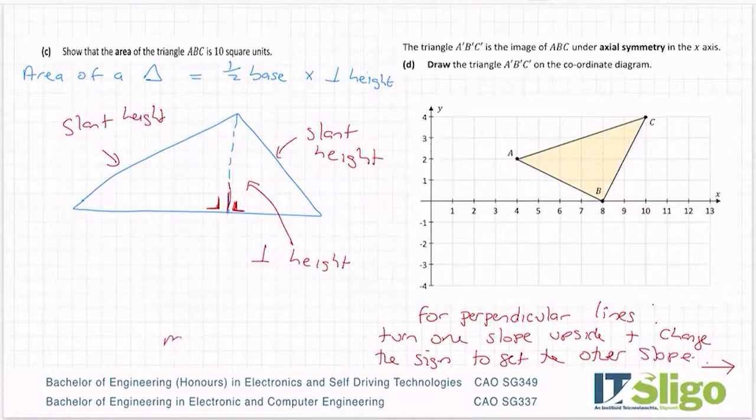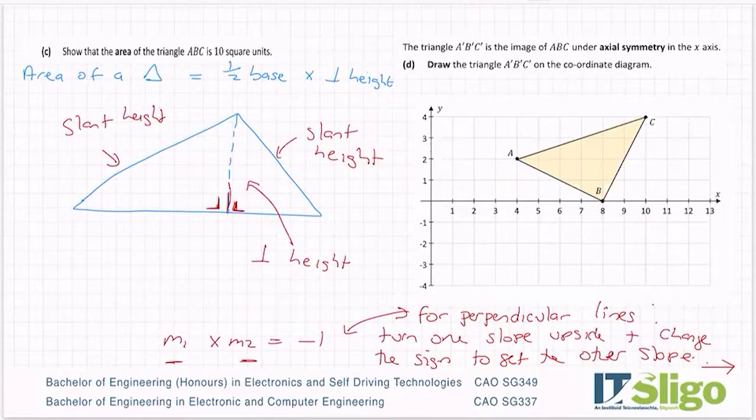Or there's a formula, slope 1 multiplied by slope 2 will give you -1. That is all for perpendicular lines. Okay, and that is one of the most essential things you need to know on your junior cert higher level course. Perpendicular lines turn the slopes upside down and change the sign, or slope 1 by slope 2 will give you -1. For parallel lines, then slopes are equal.